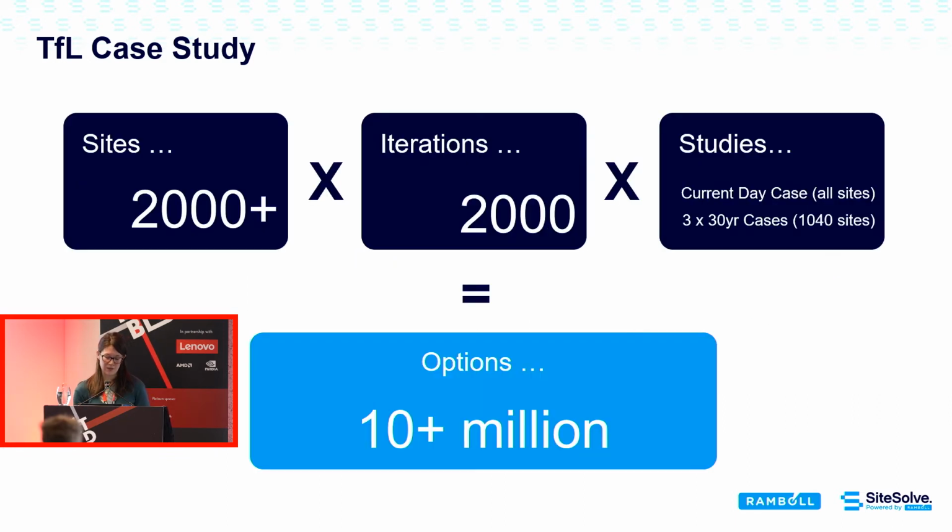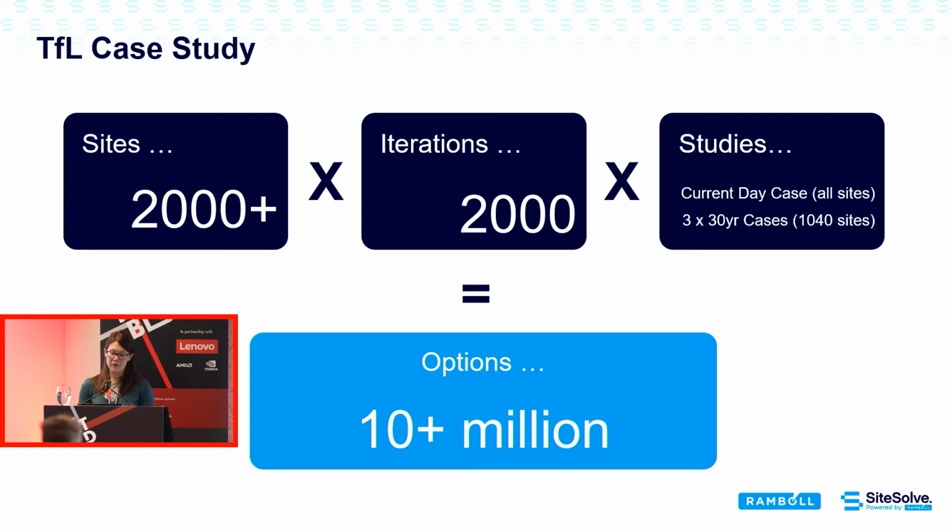And to give you a sense of scale of what we did for each of the sites that we were looking at, and it was over 2,000, we ran over 2,000 iterations of options and the various different case studies that we were running, meaning in total that we ran over 10 million options using this generative design platform.